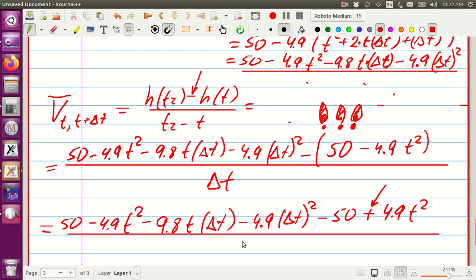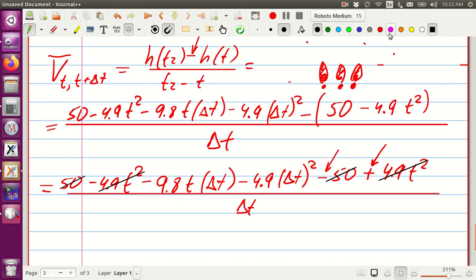And on the bottom we have delta t. And the hint is after this minus, the terms should disappear. So let's try to see if it happens. This 50 is positive, this 50 is negative. We have negative 4.9 t squared, we have positive 4.9 t squared.